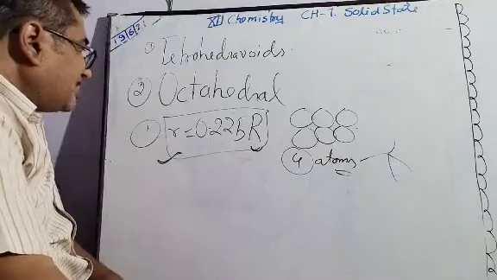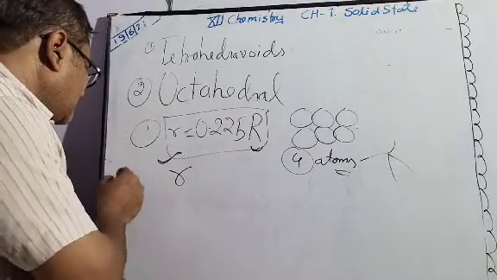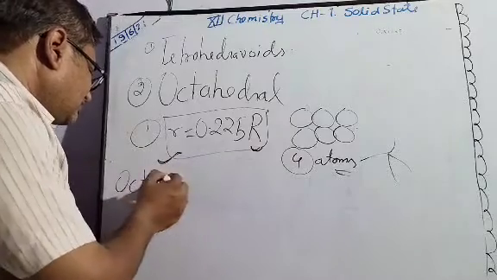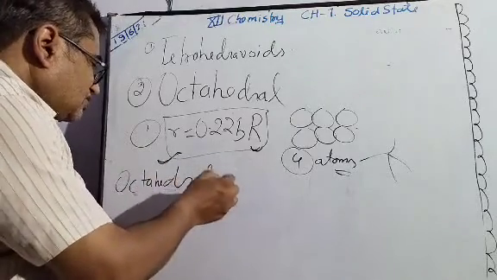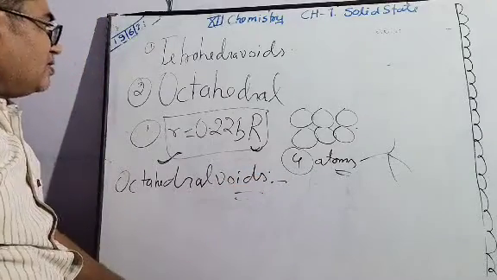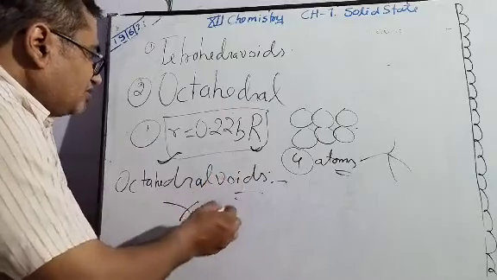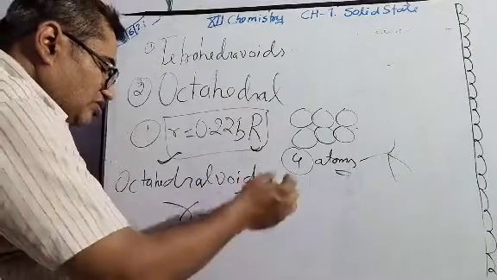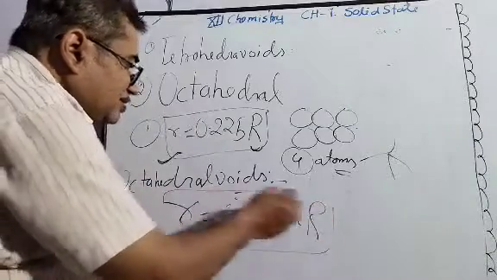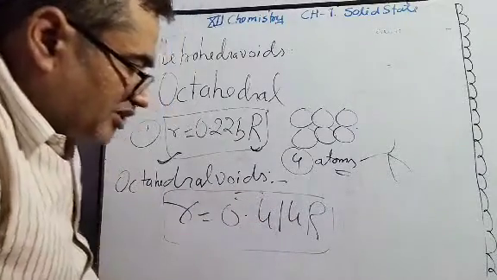For the octahedral voids, the small r is equal to 0.414 capital R. These are very important points, and this data is very important from the calculation point of view.